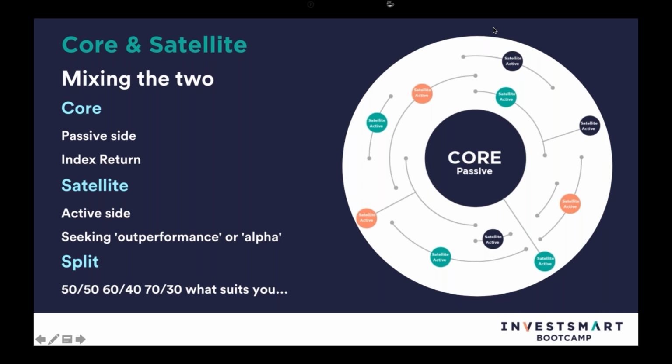When it comes to the split, it depends on what suits you. If you had a 50-50 split, for example, or up to a 70-30, so 70% of your investments are passive and maybe only 30% actively out there trying to beat the market.